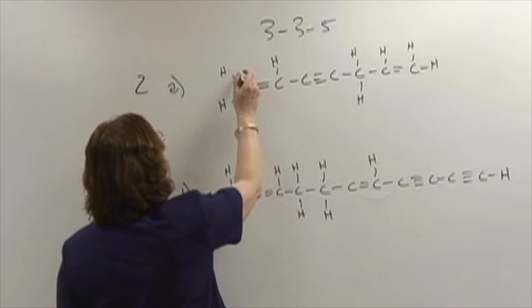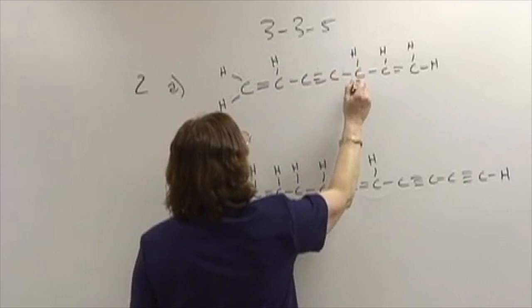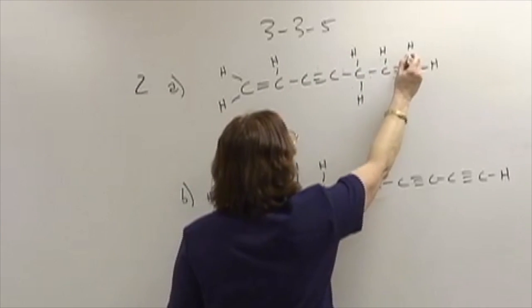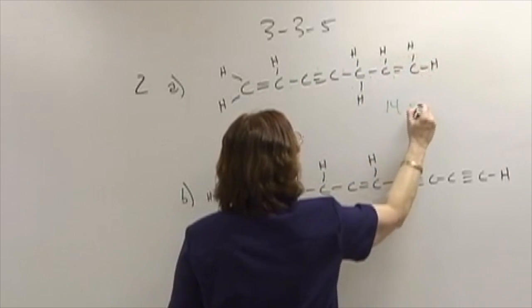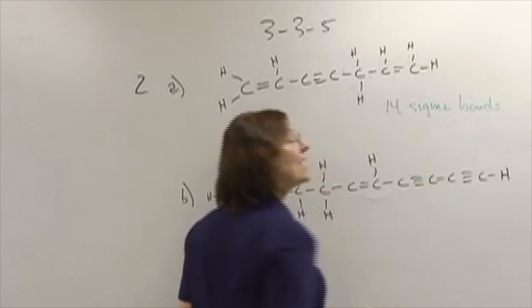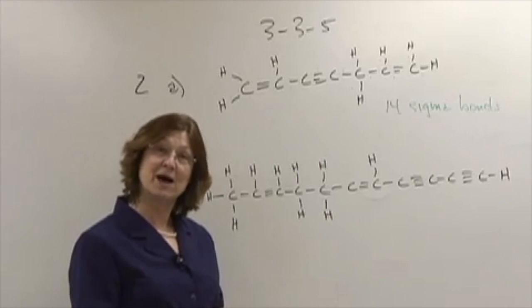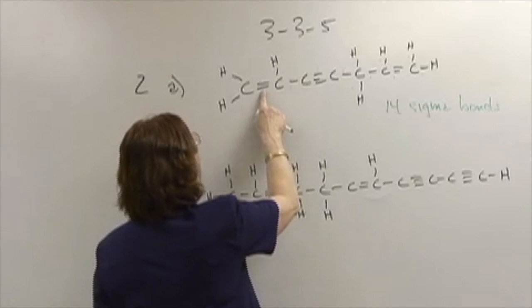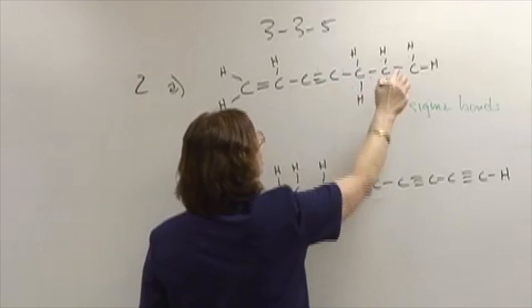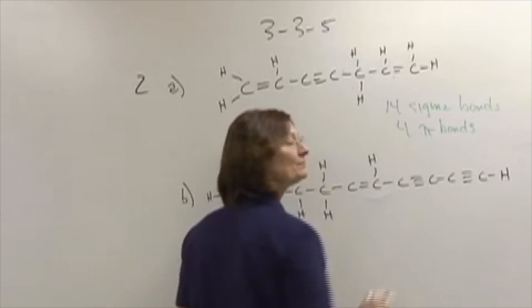We just count: 1, 2, 3, 4, 5, 6, 7, 8, 9, 10, 11, 12, 13, 14 sigma bonds. A double bond has 1 pi and a triple bond has 2 pi's. Therefore, we have 1, 2, 3, 4 pi bonds in this compound.